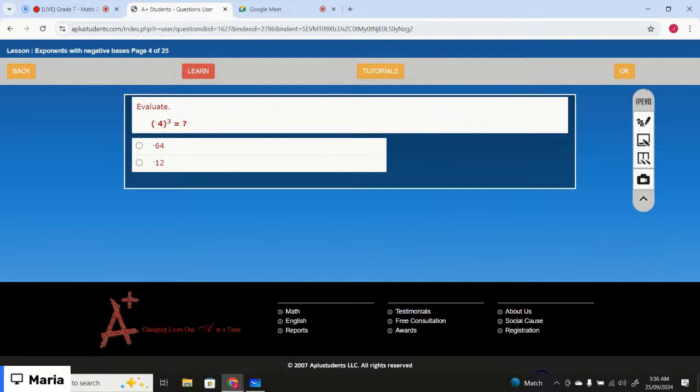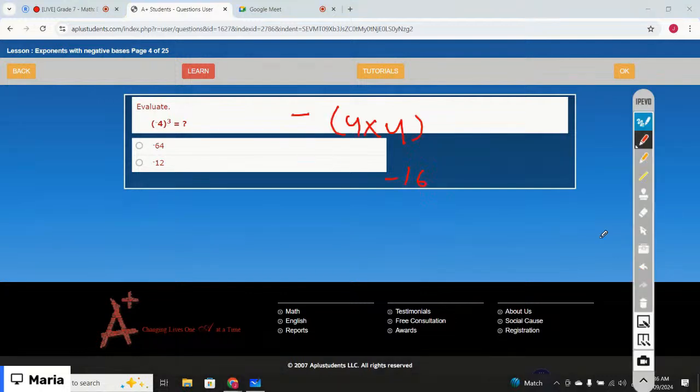Negative 4 cube. So 3 is the exponent of negative 4. That is negative 4 times negative 4 times negative 4. So which is the correct option?